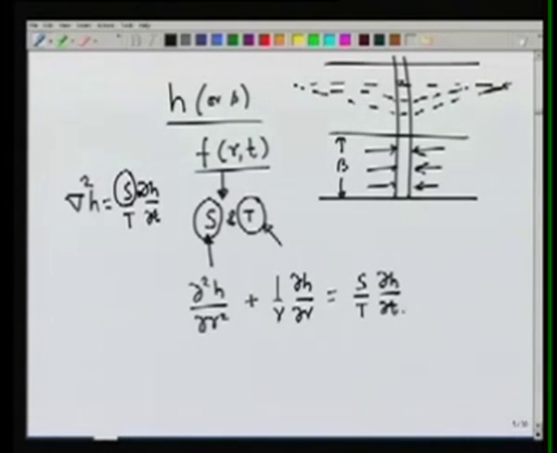Now the partial of H with respect to t will not be 0 in this case, while in the steady state case we have taken it as 0.